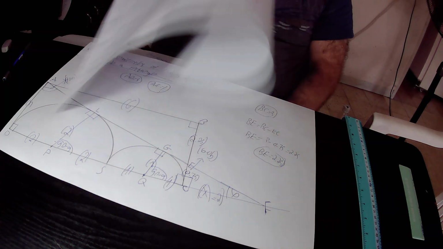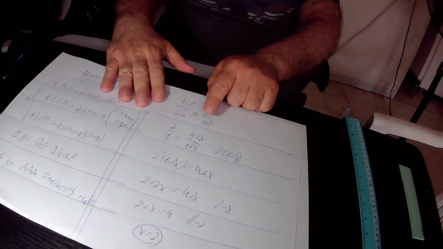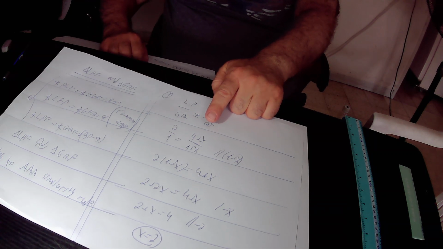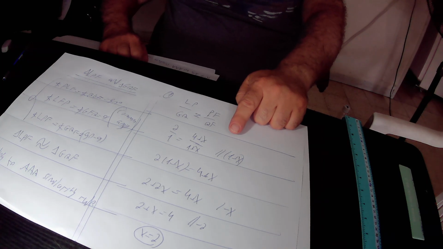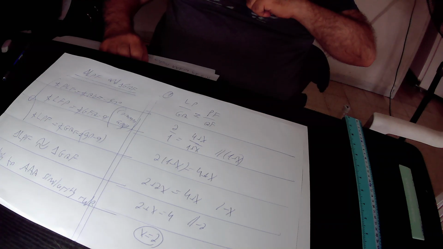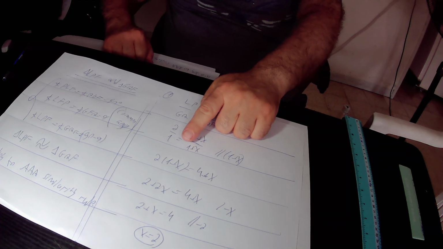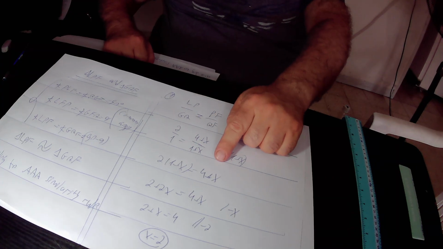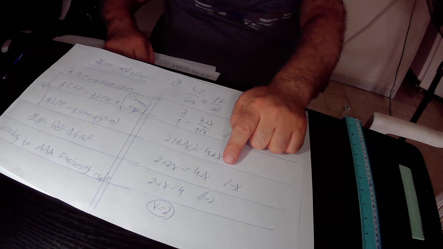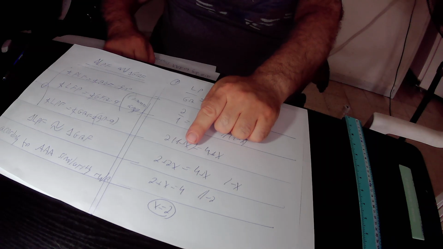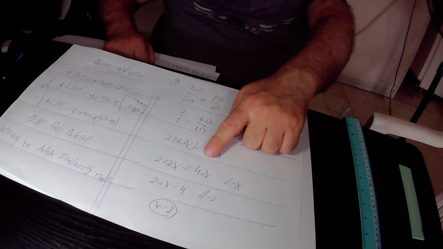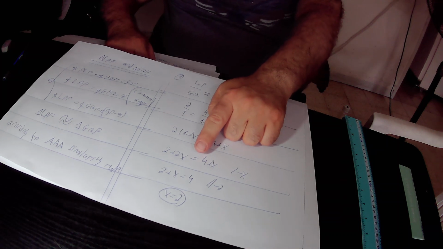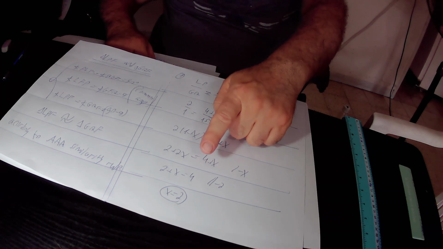So we can find that 2 over 1 equals 4 plus X over 1 plus X. Here we multiply this equation by 1 plus X and find that 2 times 1 plus X equals 4 plus X. Opening the brackets, 2 times 1 is 2, plus 2X equals 4 plus X. Here we subtract X from both sides, so 2 plus X equals 4. Then we subtract 2 and find that X equals 4 minus 2, that is 2.